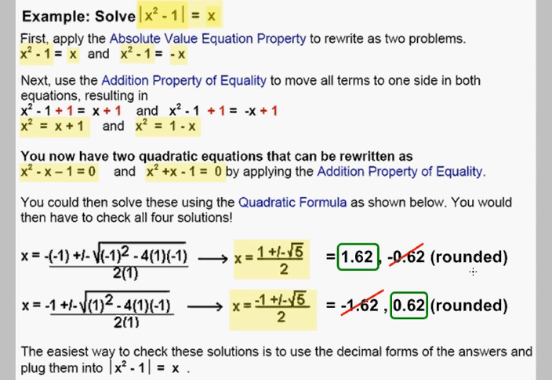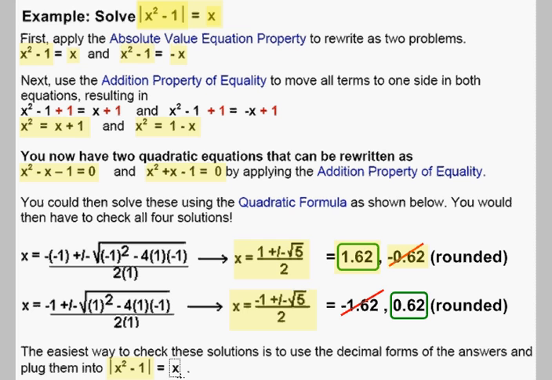1 plus the square root of 5 over 2 is 1.62 rounded. 1 minus the square root of 5 divided by 2 is negative 0.62 rounded. Now I crossed off the negative answer right away because we cannot get a negative to work in our original equation. On the left side, we're taking absolute value, which makes it a positive amount.